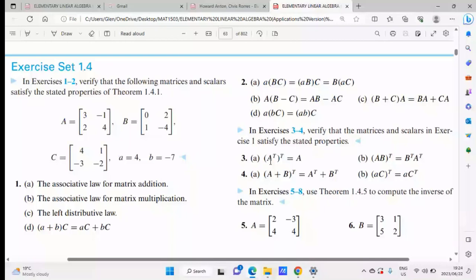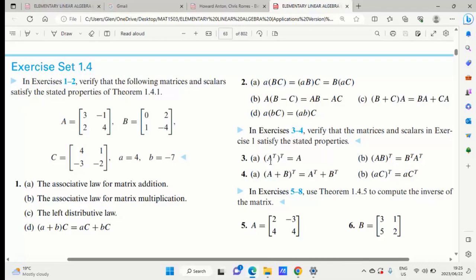I was asking about the associative law for matrix multiplication, and I gave an example. Let me take matrices A, B, and C, where A is 2, B is 3, and C is 4. I take A, which is 2, times B, which is 3, and then 4, and on the other side I take B out, which is 3, and multiply by 2.